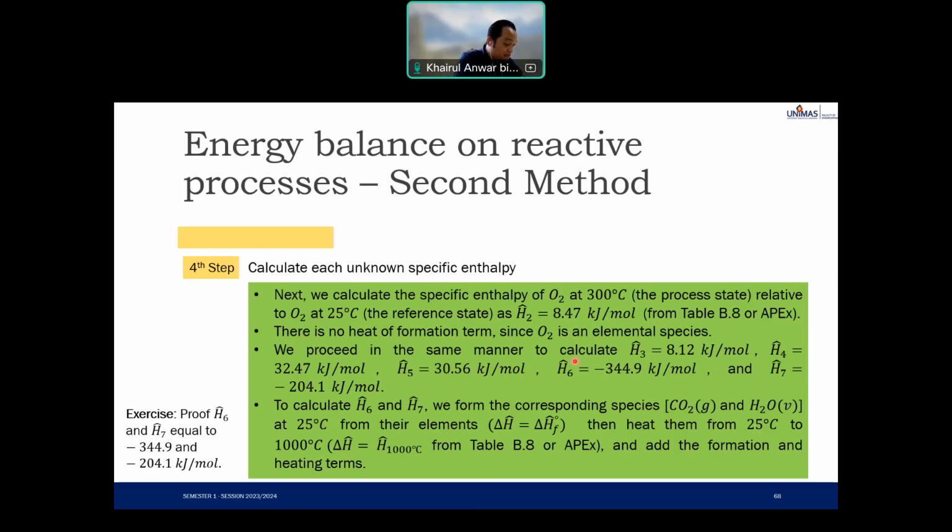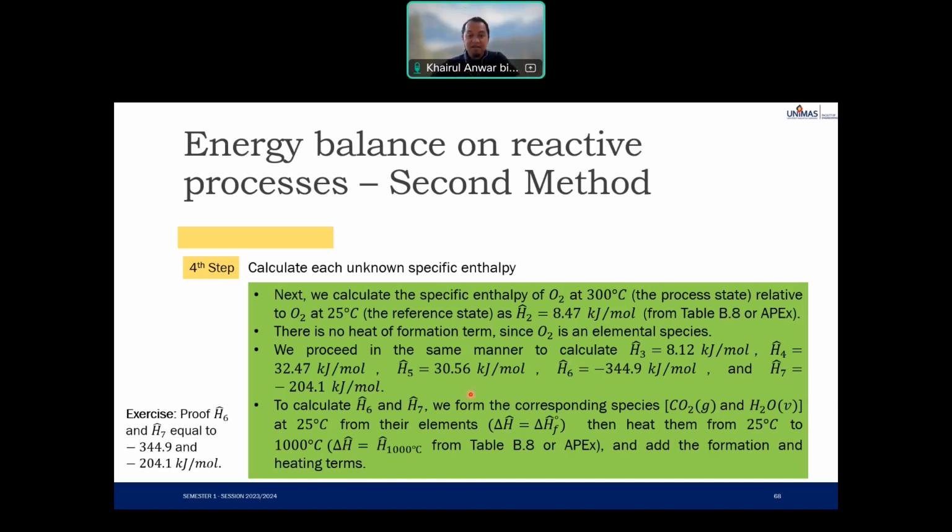For table B8, CO2 at 1000 degrees C is 48.6. So negative 393.5, which is the delta HF for CO2, plus the specific enthalpy of CO2 at 1000 degrees C, which is 48.6, gives negative 344.9.